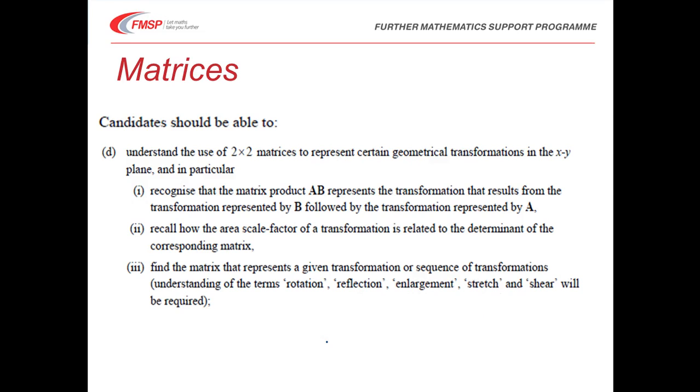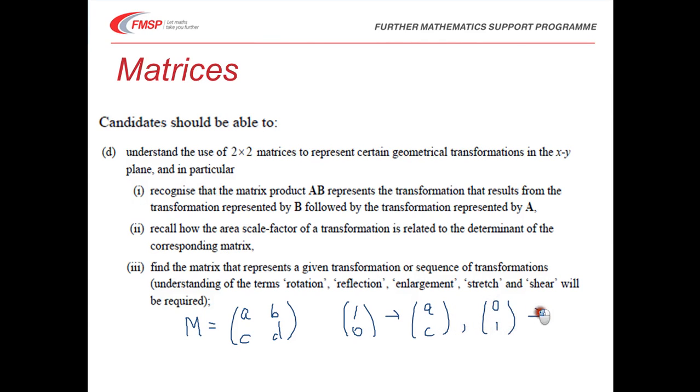And it's worth remembering that if we have a transformation matrix M, let's say that matrix is A, B, C, D, then the image of the point 1 0 will be given by the first column of that matrix, A, C, and the image of 0 1 will be given by the second column, B, D.